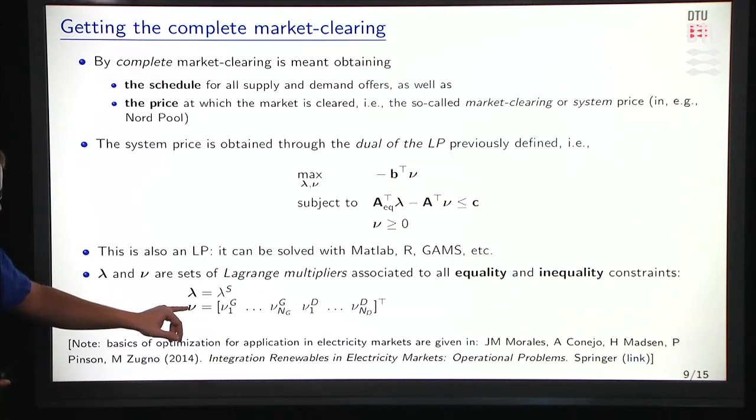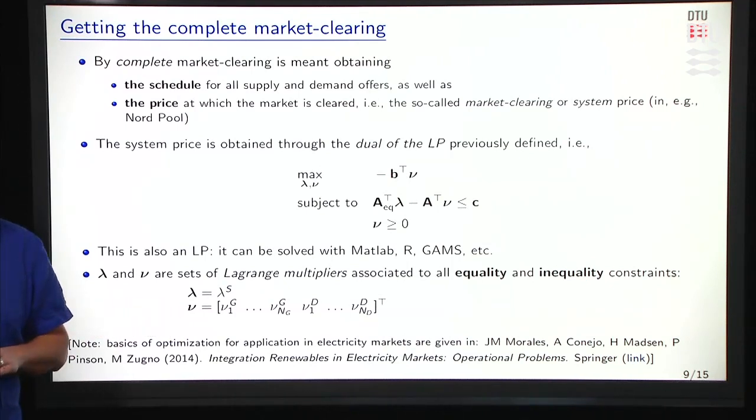We have another set of dual variables which represent the unitary benefits of consumers and suppliers if having offered originally the price, lambda j or lambda i, that they offered, but receiving the equilibrium price, lambda s. So if you want, it's going to represent the consumer surplus on one side and the supplier surplus on the other side.